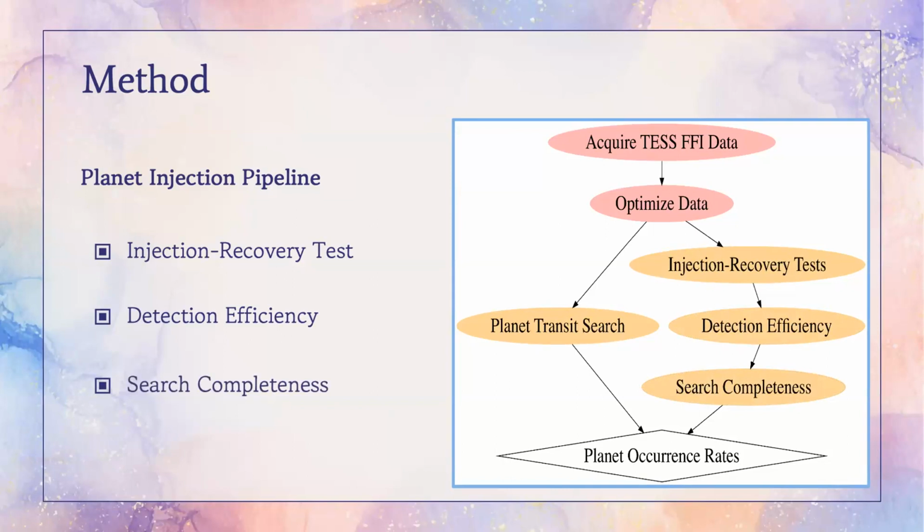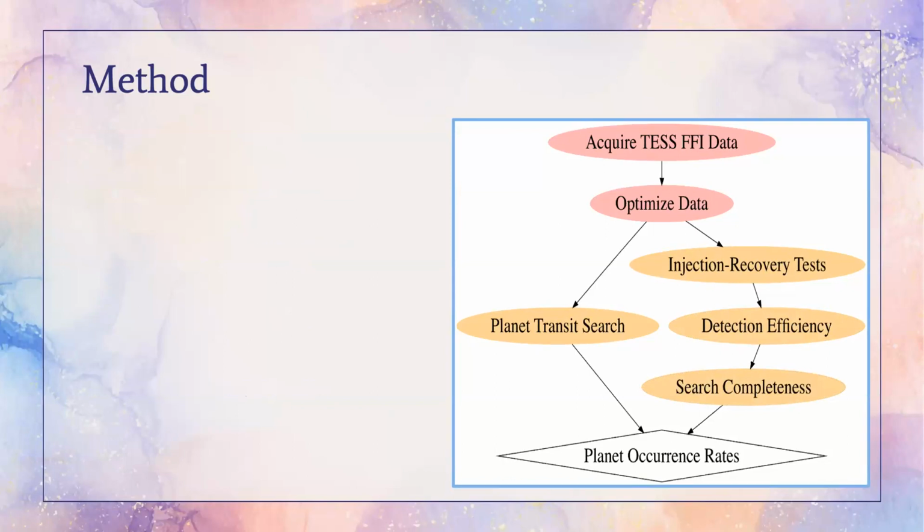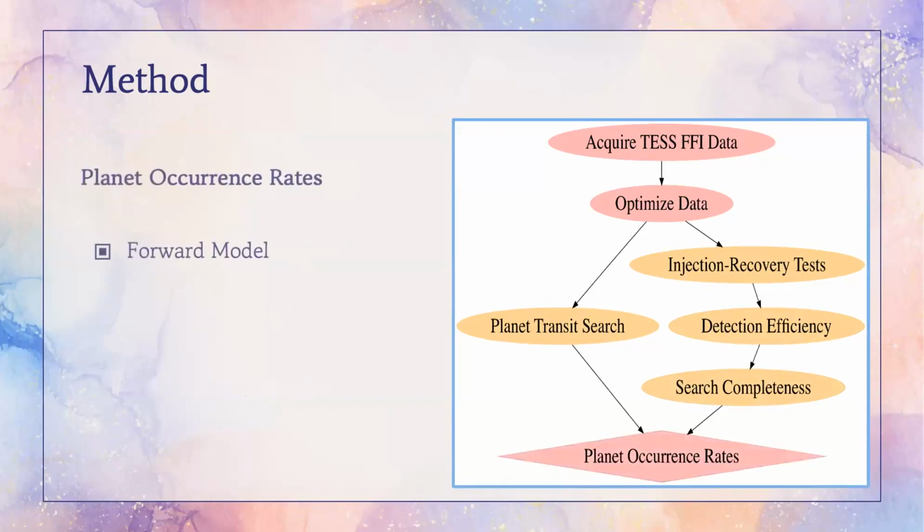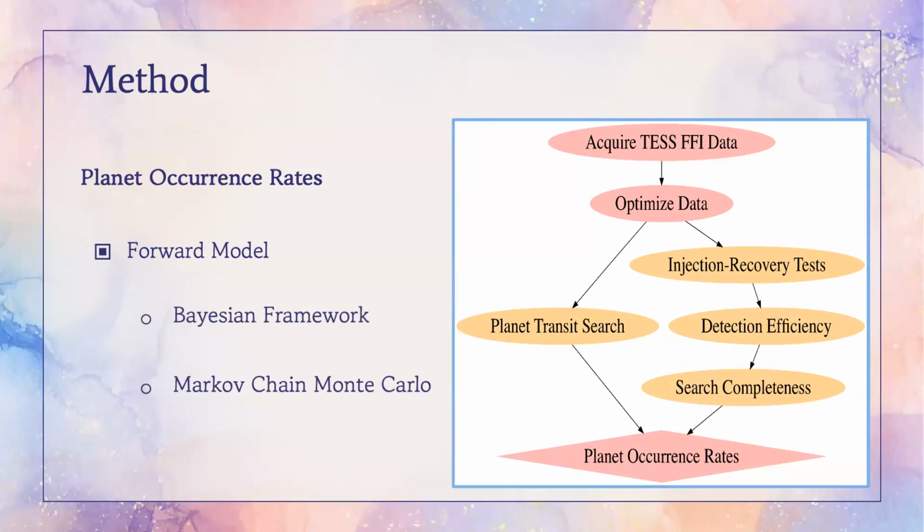So with the search completeness and the planets that we've detected, we can start to get after these occurrence rates. The way that we do this is we use a forward model, which relies on a Bayesian framework and a Markov chain Monte Carlo. And I'll walk you through an iteration of what this does, because I personally find it fascinating, and I never knew what a forward model was until having to actually create one myself.